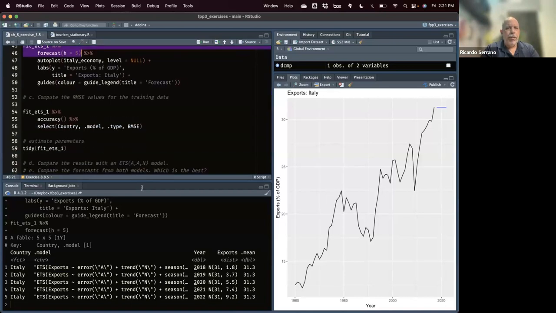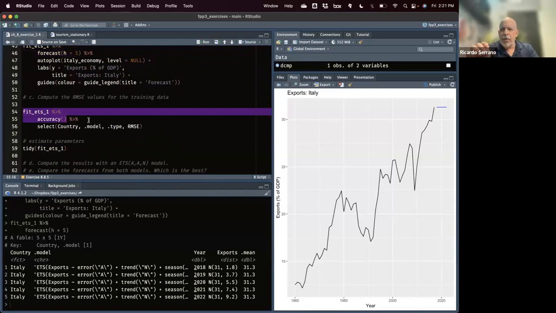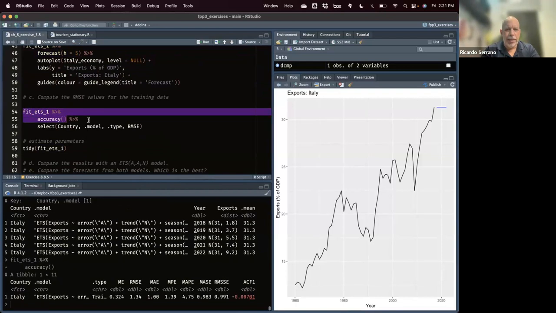Okay, so for the accuracy, what we have to do is pipe the fitted model to the accuracy function. And when I do that, I get the accuracy on the training dataset, with all the metrics.